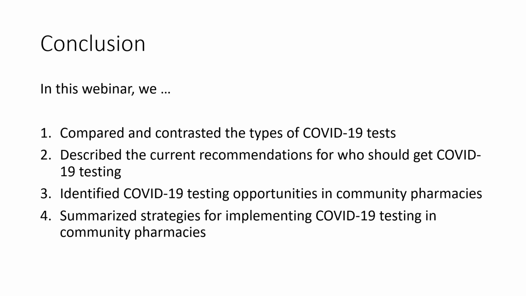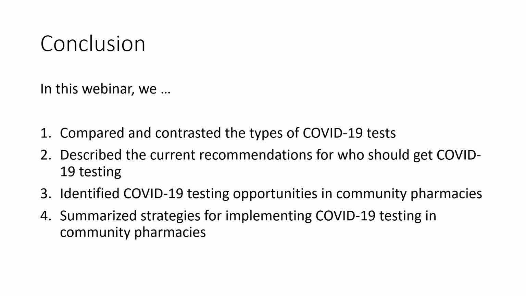Pharmacies can participate in COVID-19 testing programs through three means. The first are federal programs run by the U.S. Department of Health and Human Services. These programs focus on specimen collection. The second way your pharmacy can participate in testing is through the Washington Department of Health.